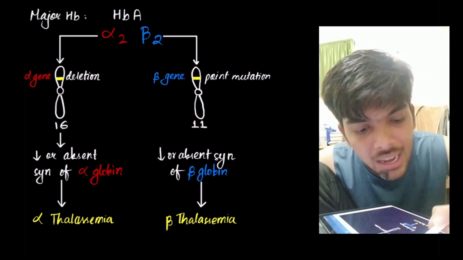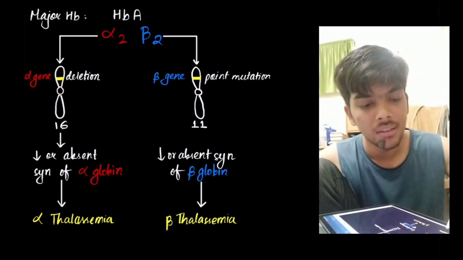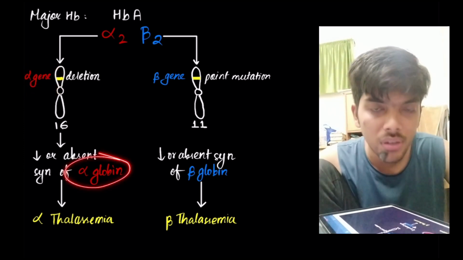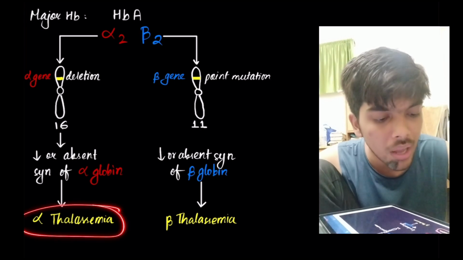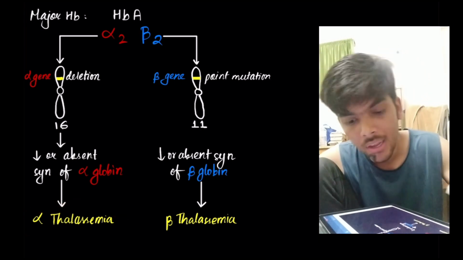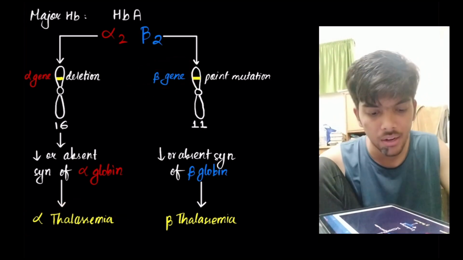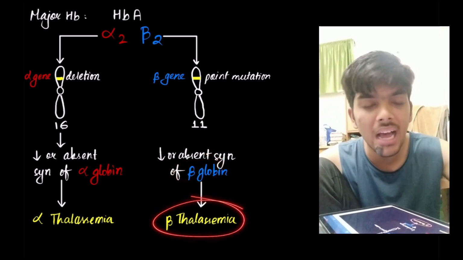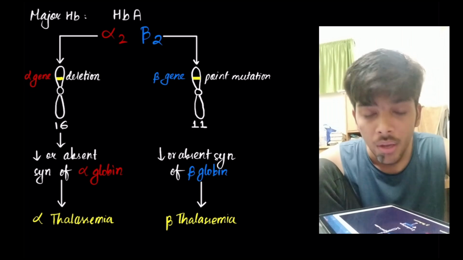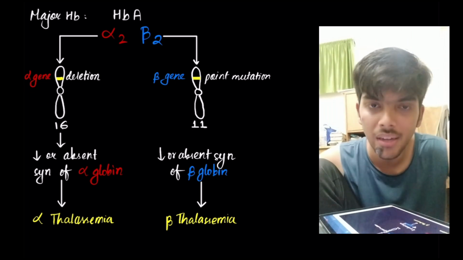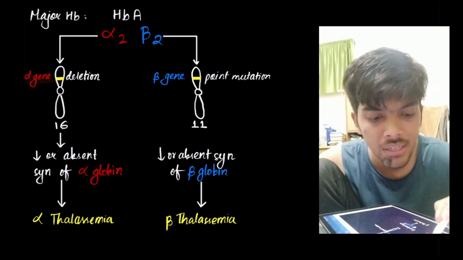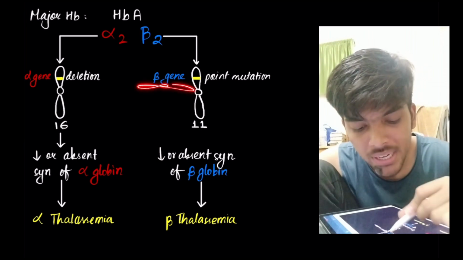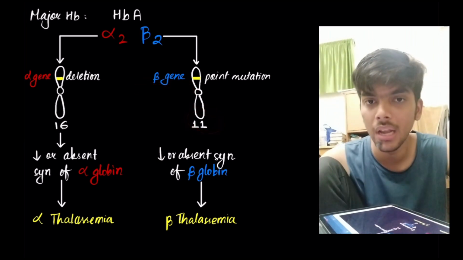Now, if the alpha gene is affected, there is a defect in the production of alpha globin leading to alpha thalassemia. Simple. If the beta gene is affected, there is a defect in the production of beta globin leading to beta thalassemia. Simple. Now the things you need to remember: number 1, the alpha gene is present in chromosome number 16, and the beta gene is present in chromosome number 11.